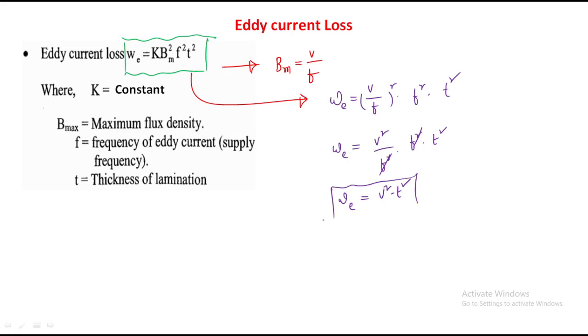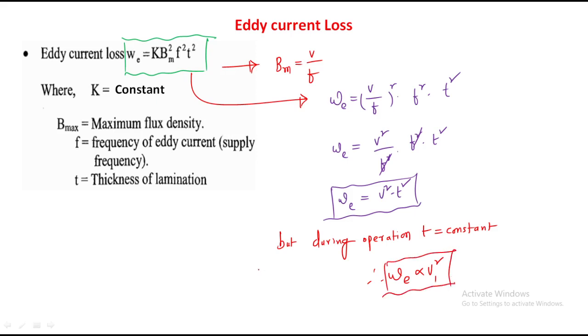But during operation, what about the thickness of the transformer? T is constant, therefore eddy current loss is proportional to supply voltage square.